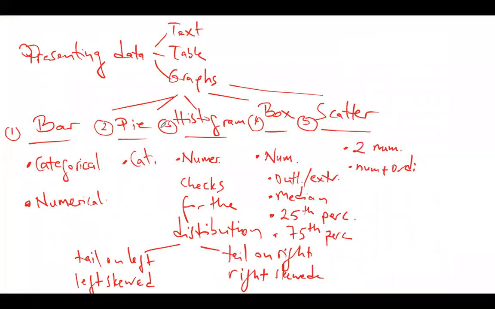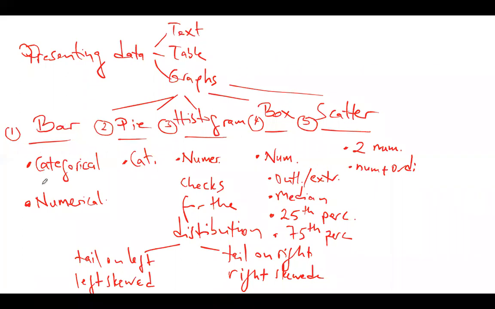Okay, so just let me repeat and then wrap up, close the session. We have here 5 different graphs which you should know under which conditions they are used and what are their benefits.